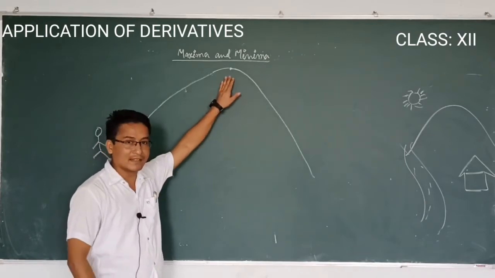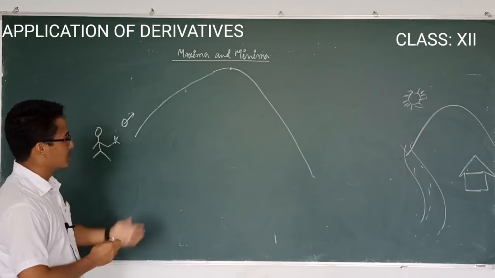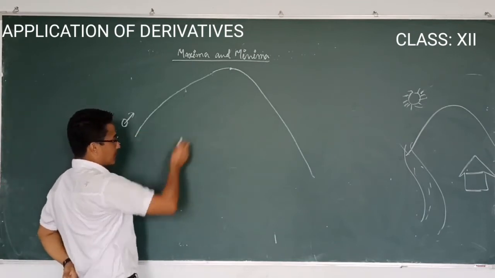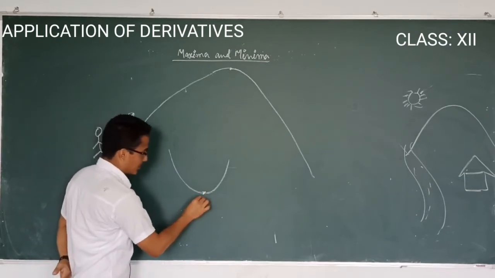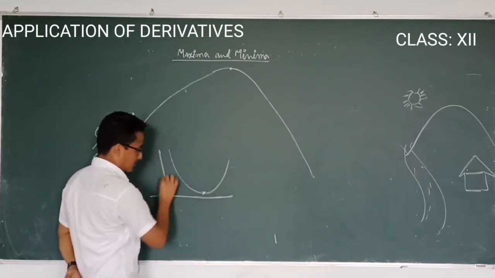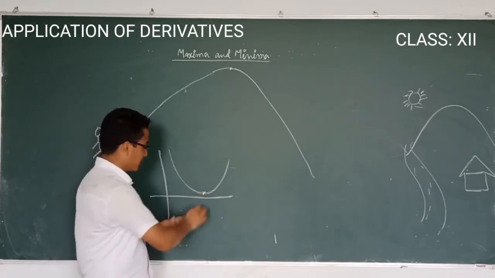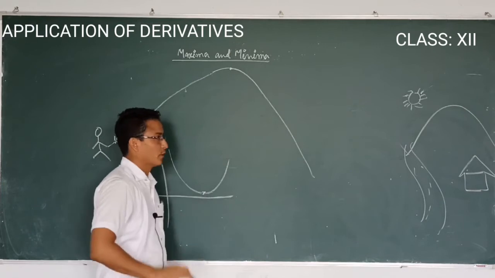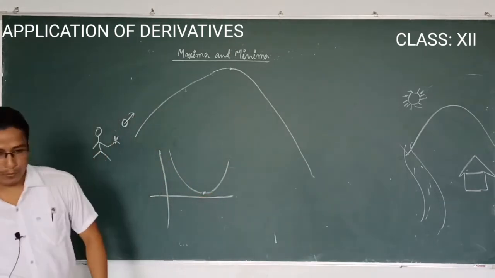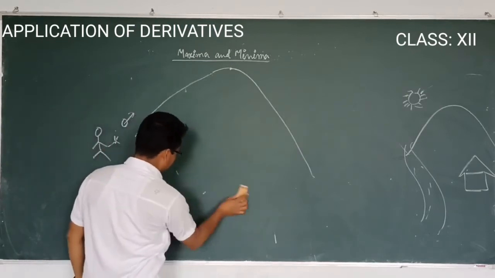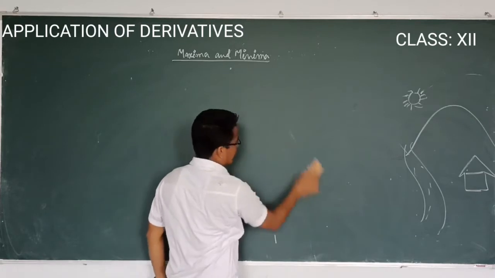That peak point we consider as the maximum point. Clear? The minimum is also like that. When we reverse that curve, this point is known as the minimum point. This is the lowest point and no point goes beyond this. That's why it's called the minimum.